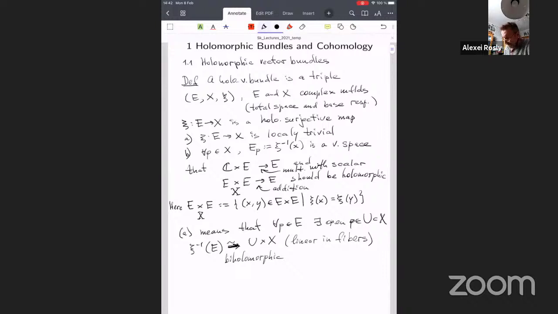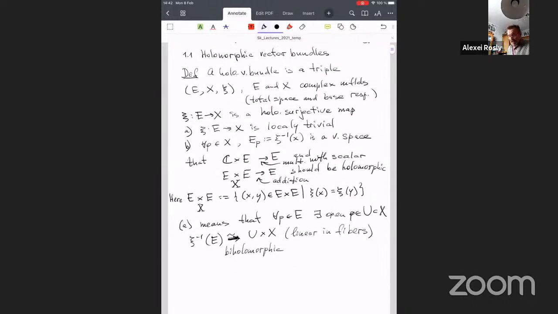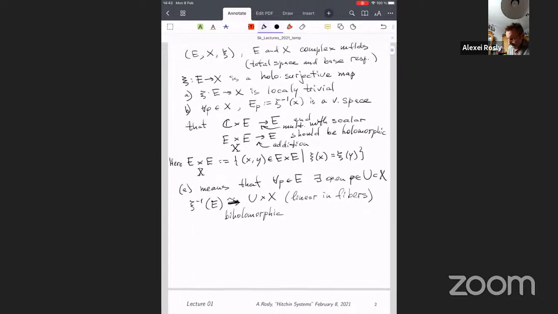Okay. Since the bundle is locally trivial, we can describe it in terms of local trivializations or charts and transition functions. So the second equivalent definition will be in terms of charts. I'm sorry.